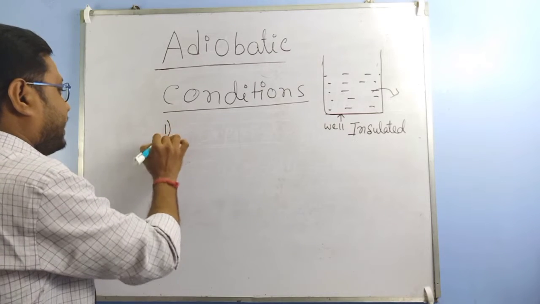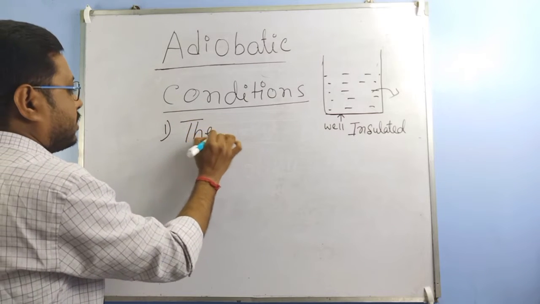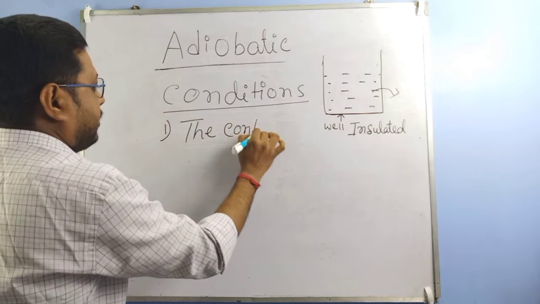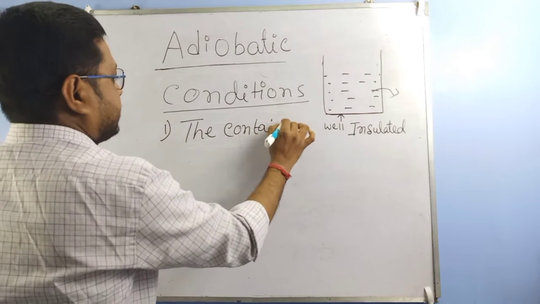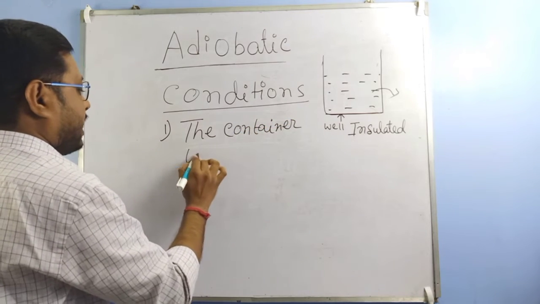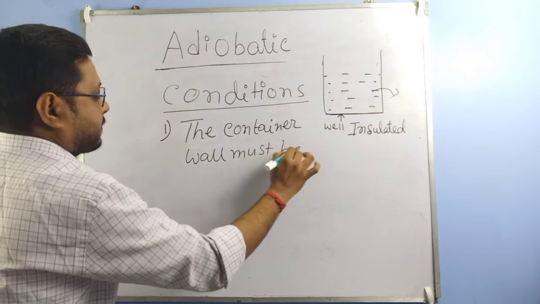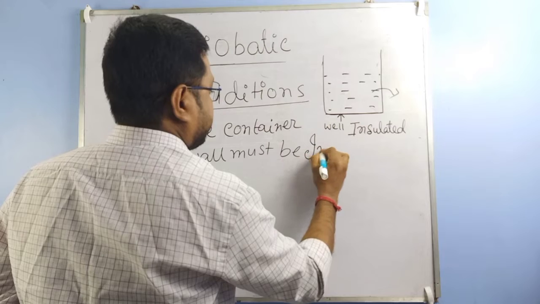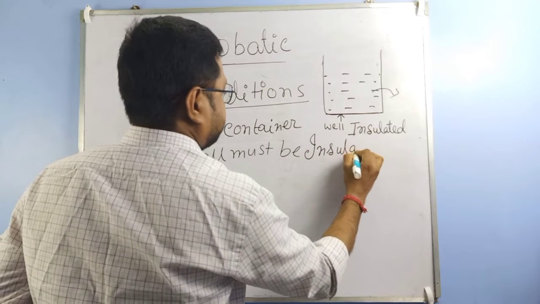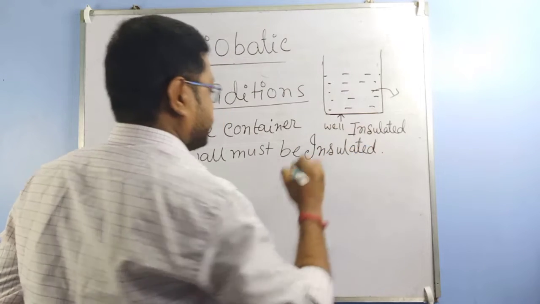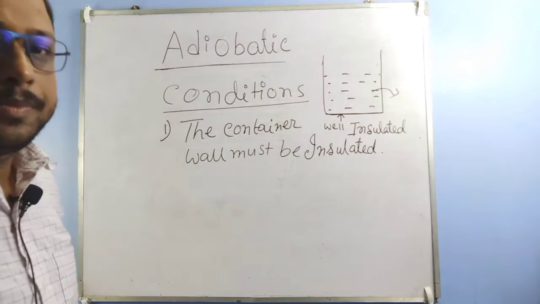So number one, the container or vessel wall must be insulated so that no exchange of heat occurs.